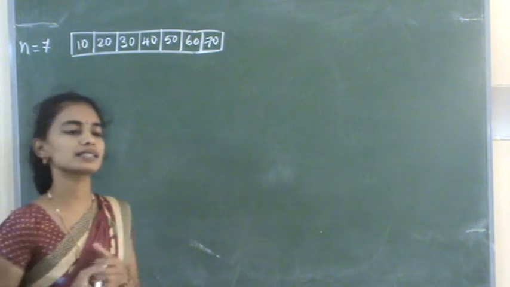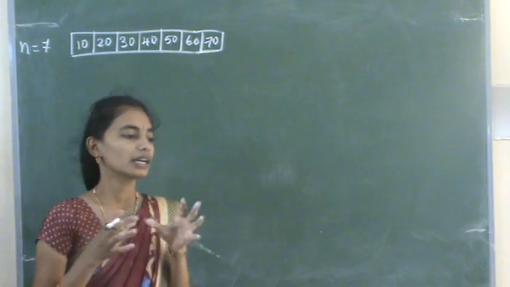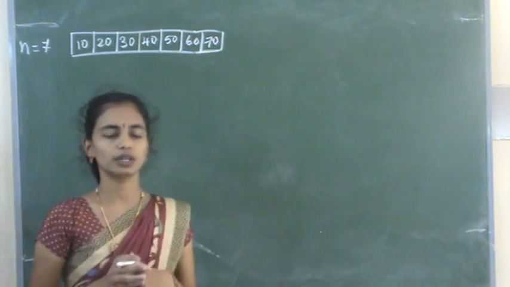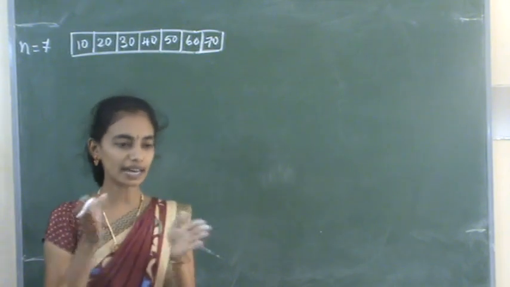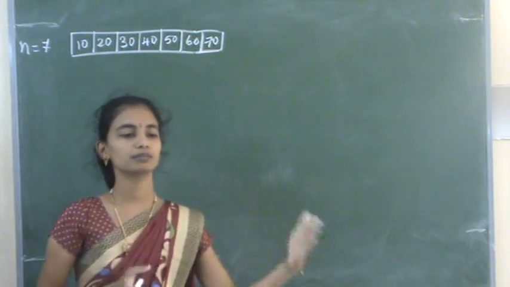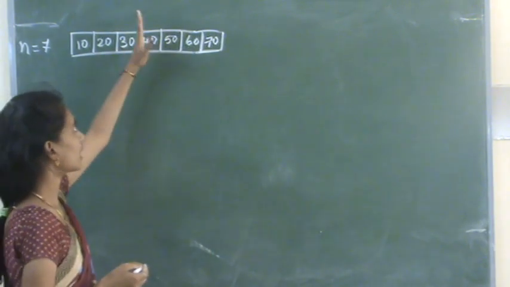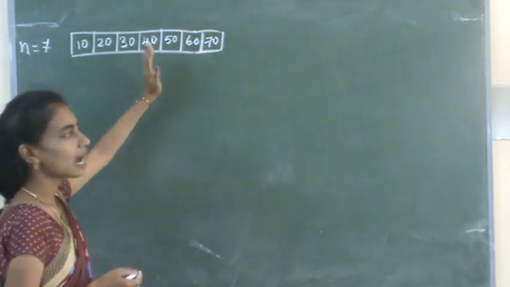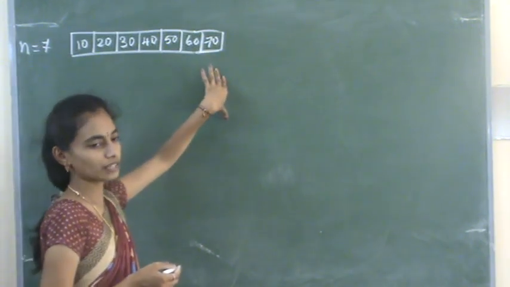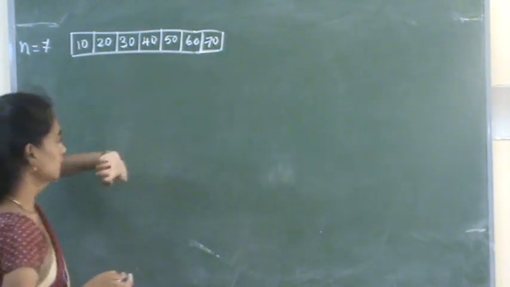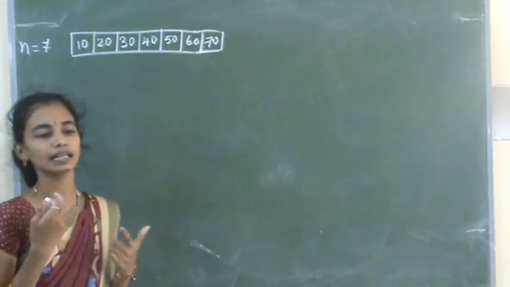So what this binary search method will do means, it will perform the divide and conquer rule. Okay, so it will divide the array and then perform the searching. First it will divide this array into 2 halves and then compare, either the left side or the right side of the array. Initially we are taking a beginning, ending and middle.